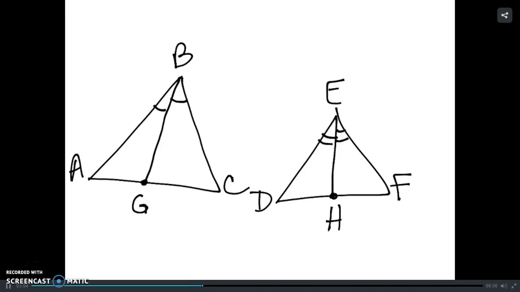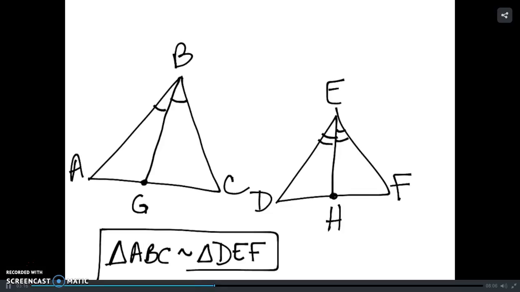And so this time we're dealing with angle bisectors. So if we have two similar triangles, so again, they have to tell you triangle ABC is similar to triangle DEF somewhere, and that could either be in a similarity statement like this, or it can be in words. But if they tell you that, then you will know that our angle bisectors are going to be proportional to the corresponding sides.